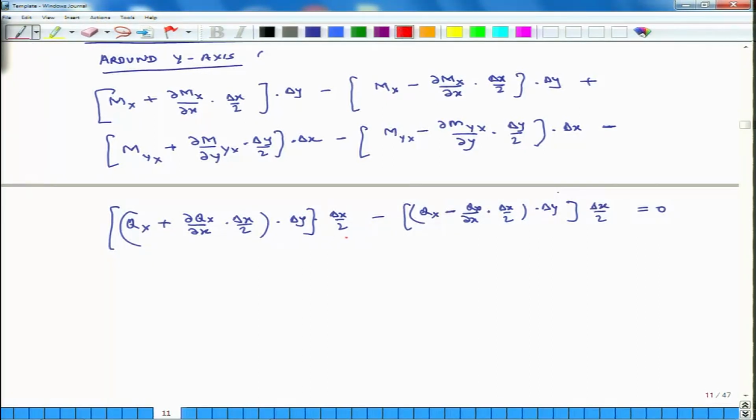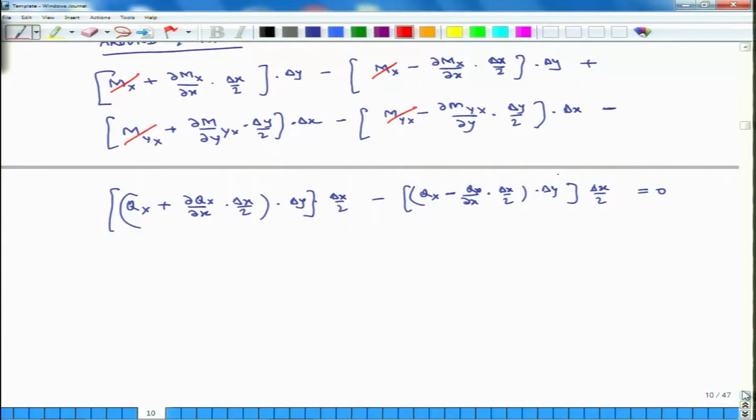So, if you simplify all this, all these terms go away. The other thing you are left with gives you delta x times delta y divided by 2, and this term and this term add up.